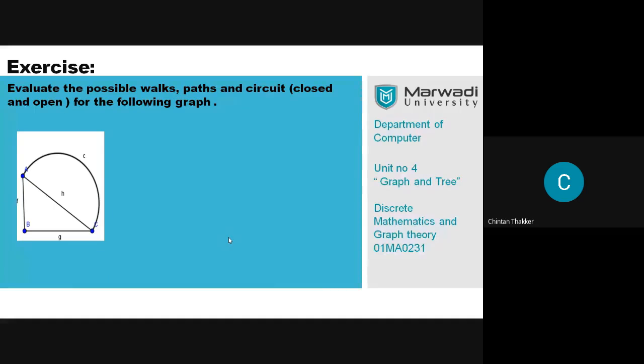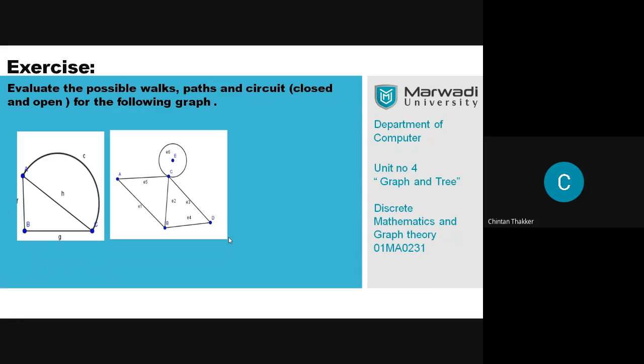The path is right, so you have to write the path A H C G B, A H C G, then G B. It is the right path. Then the circuit is also right. Okay. Krishna, yes. Okay.